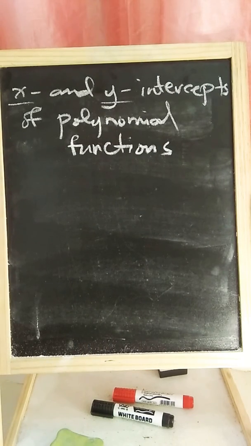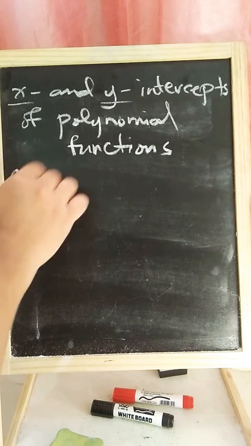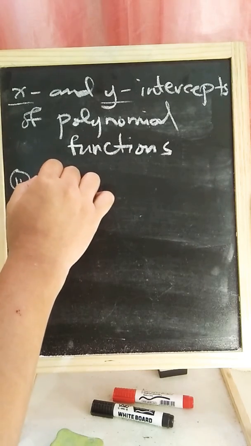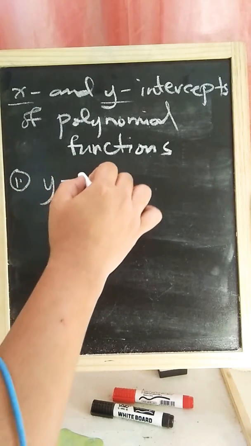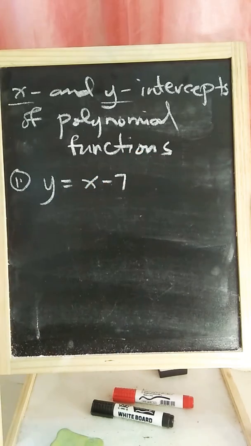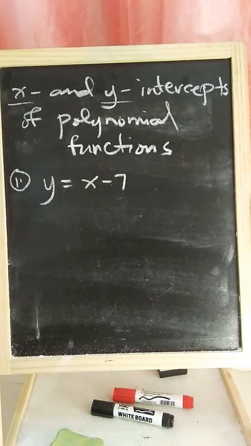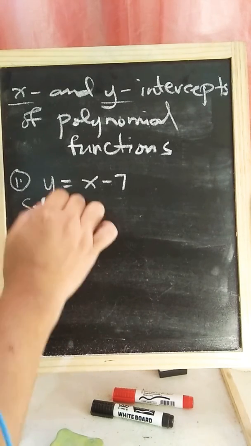What are these x and y intercepts again? Let's go back to your grade 7 lesson. For example, let's have this linear function y is equal to x minus 7. We will look for the x-intercept and y-intercept of this polynomial function. Take note, this function is linear in nature.